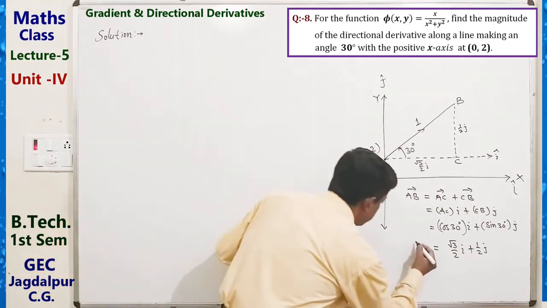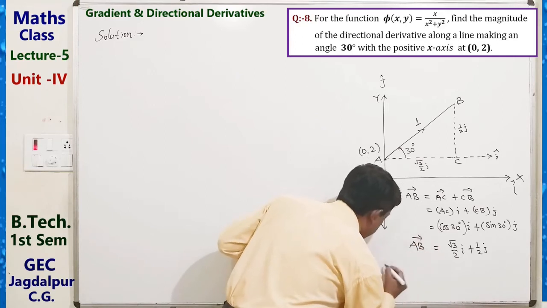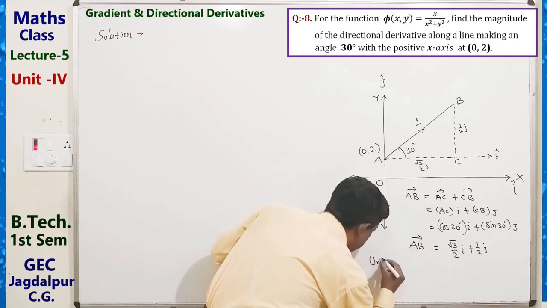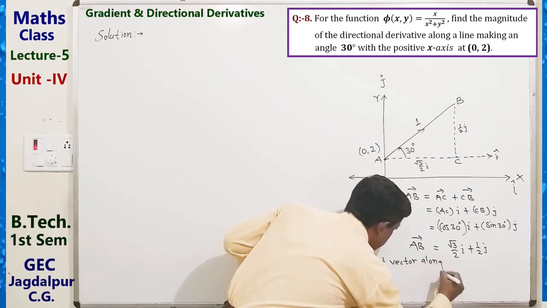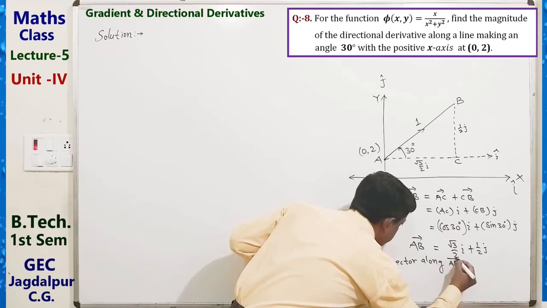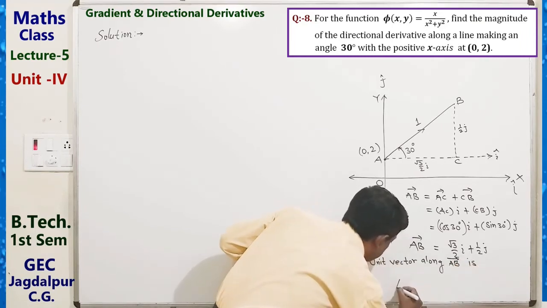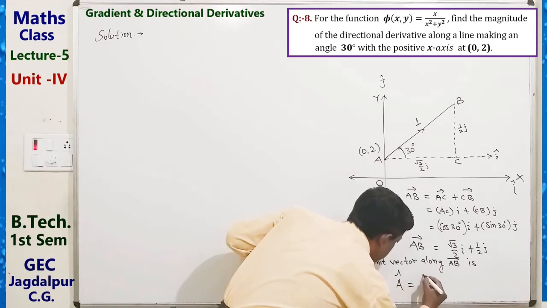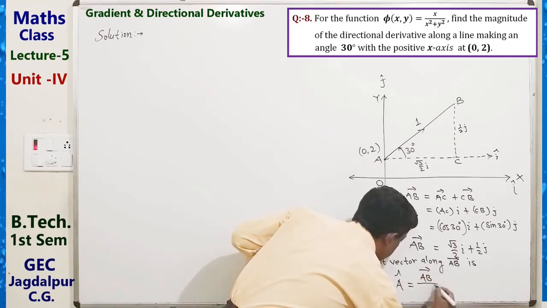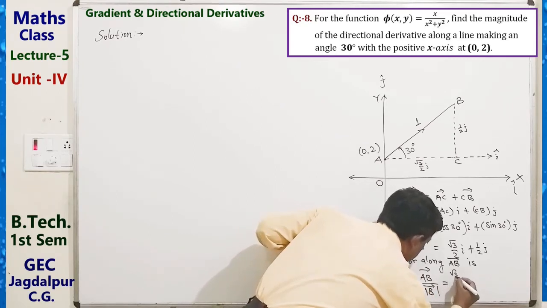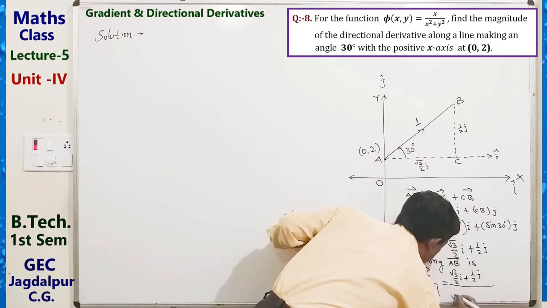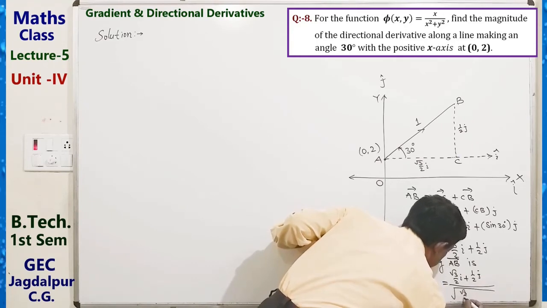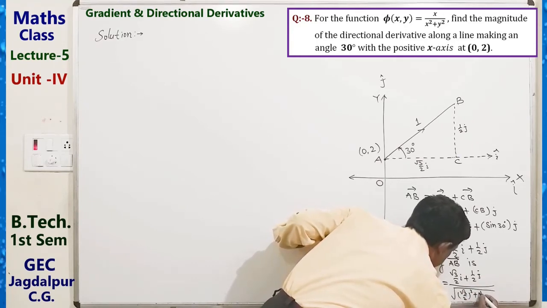AB vector. Now, a unit vector along AB is A cap, vector AB upon modulus of AB, root 3 by 2 I plus 1 by 2 J upon root of (root 3 by 2) square plus (1 by 2) square.